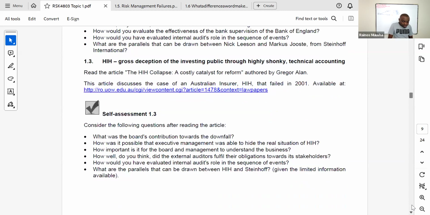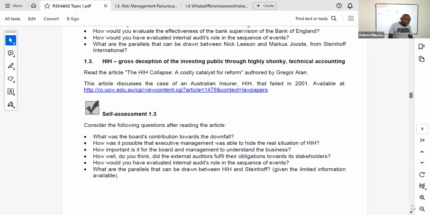Unit 1.3 looks at HIH, which is basically the Australian insurance group. And with this insurer, there was a lot of risk management failure.